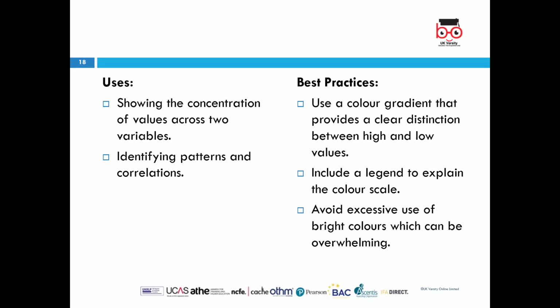Best practice for this, I'm going to use a color gradient that provides a clear distinction between high and low values. Include a legend to explain the color scale. Avoid excessive use of bright colors, which can be overwhelming.